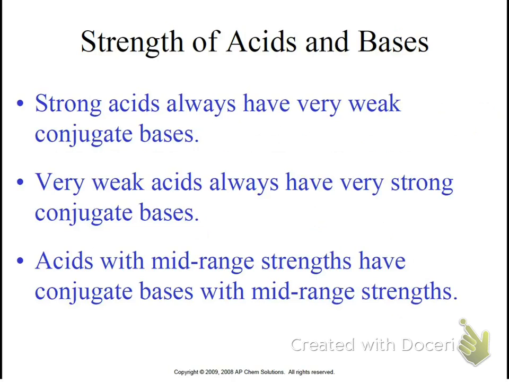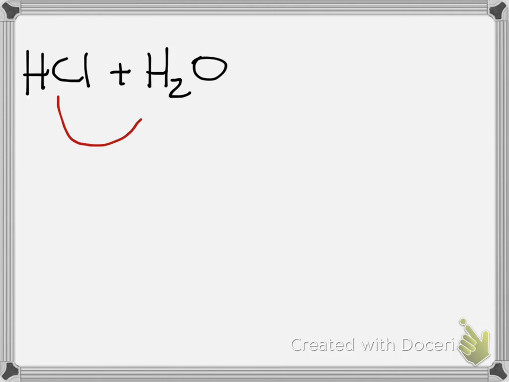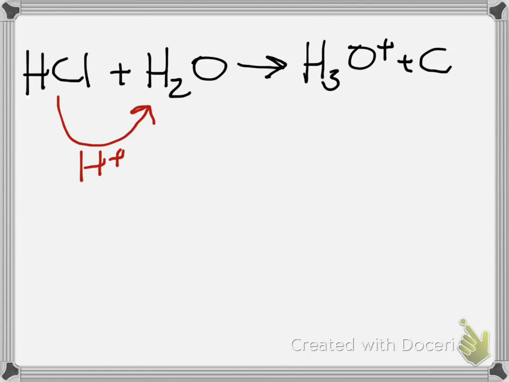If we take a look at this in a slide, HCl, if we put it with water so that we can see the interaction. HCl is going to be an acid, so it's going to donate a proton over to water. It's the Bronsted-Lowry thing. And that's going to create H3O+ and Cl-.